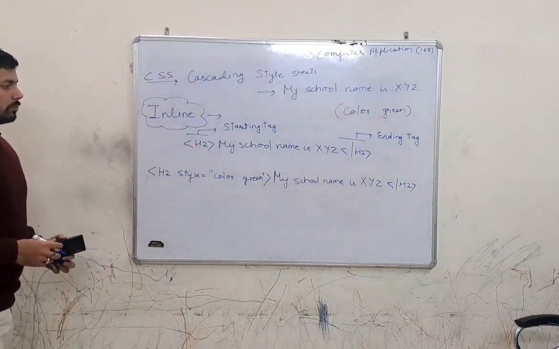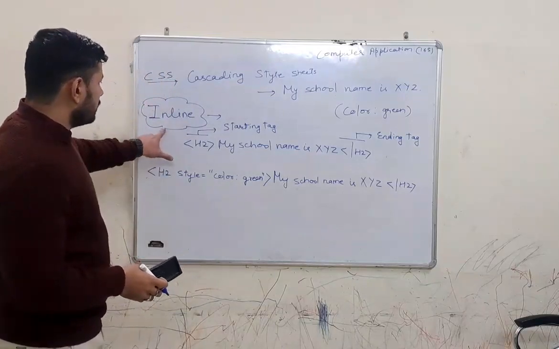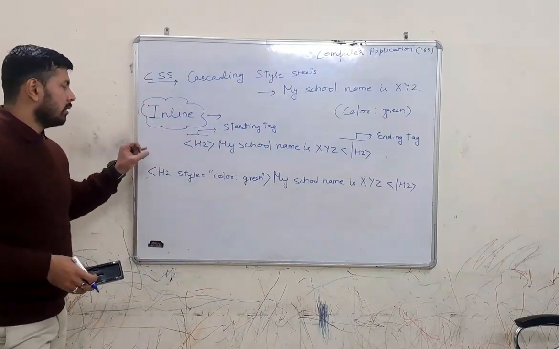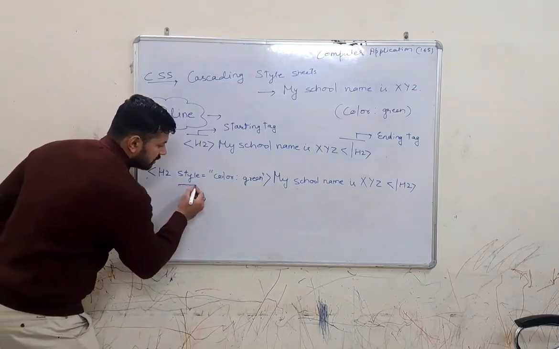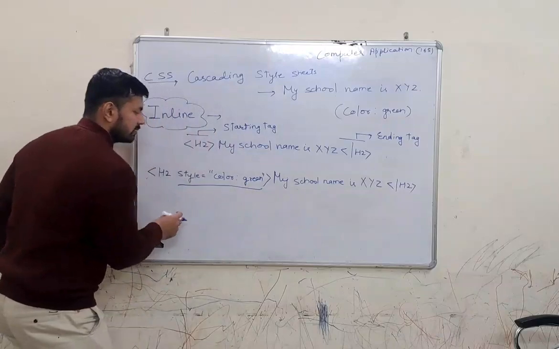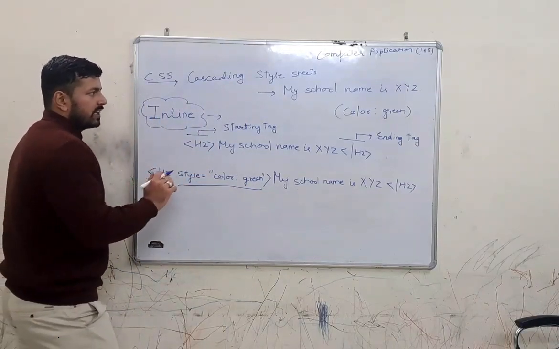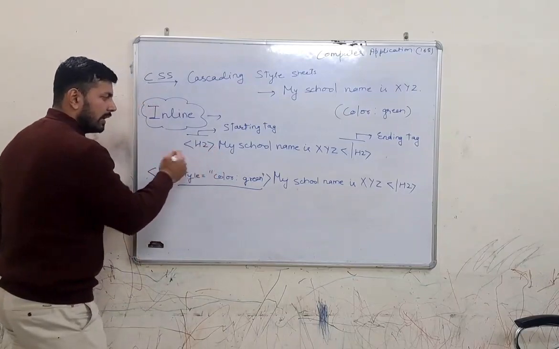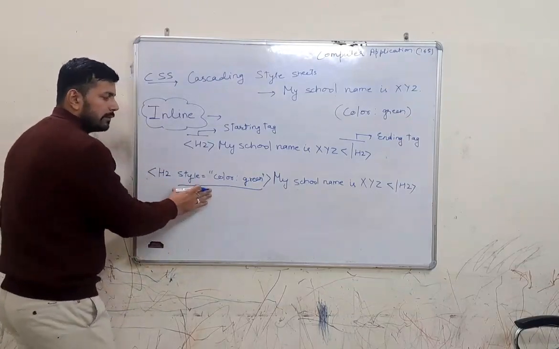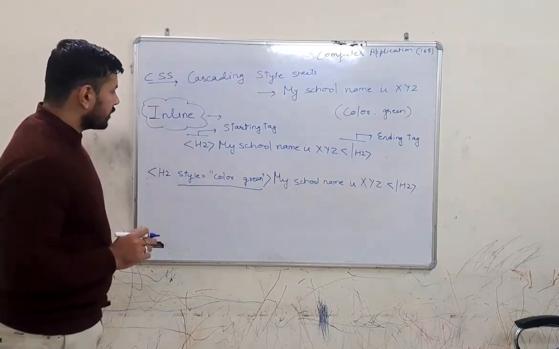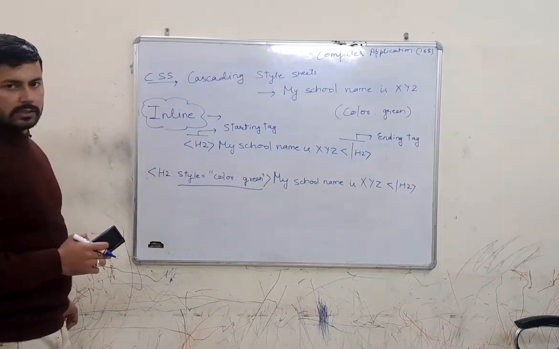So till now everyone will be able to know why we call this type of CSS inline CSS, because in this one we mention the style, the CSS, inside that particular tag only. If I want to apply it in this tag, then I have to write it in this tag. If I apply it to another one, then I have to apply it in that particular tag only. Okay, so now we will move further to the external CSS.